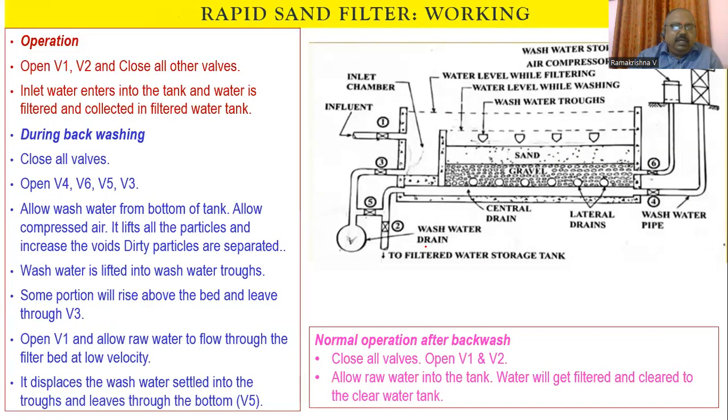So now you see here in the operation part, this is a typical section of the filter with all the different walls. Now, as I told you, this is the inlet chamber. So now it has a wall here, wall number 1.